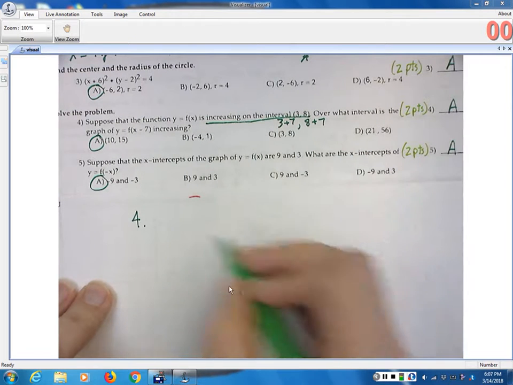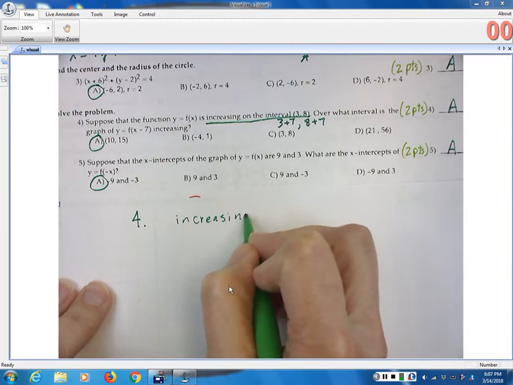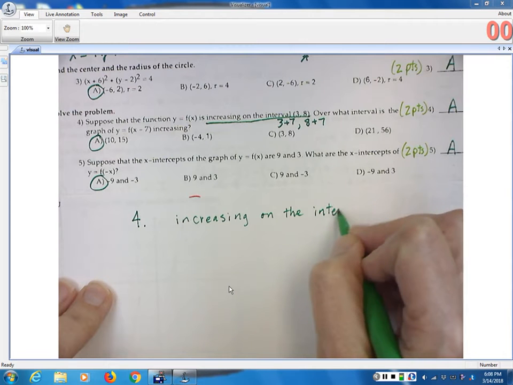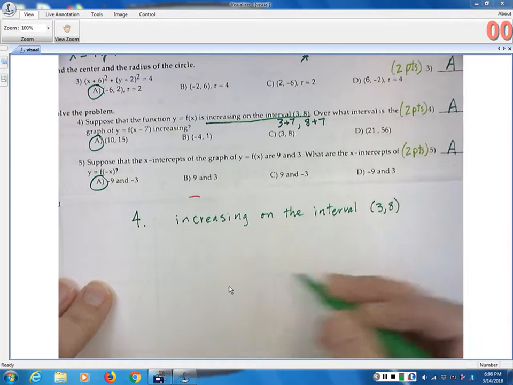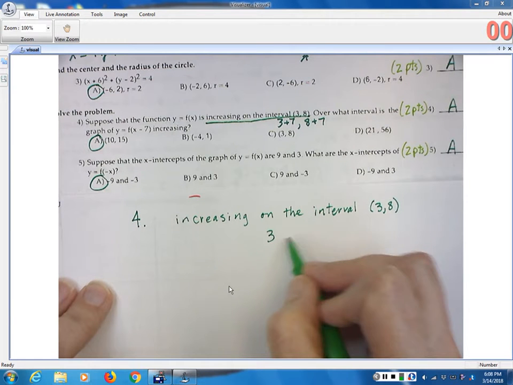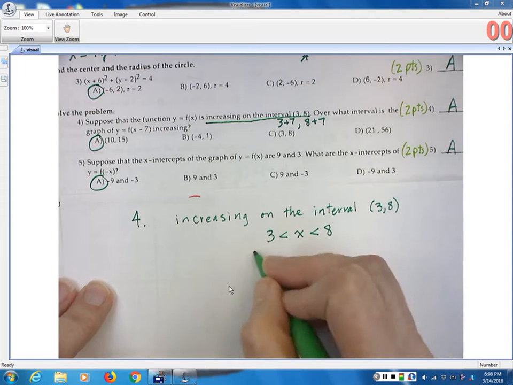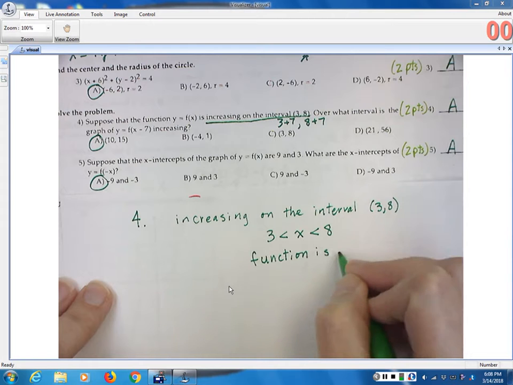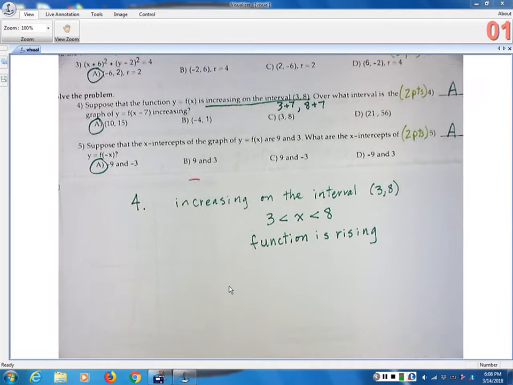So if the function is increasing on the interval 3, 8, that means that when x is between 3 and 8, the function is rising, or y is rising. That's what that means. So this problem was testing, did you know the concept about increasing?